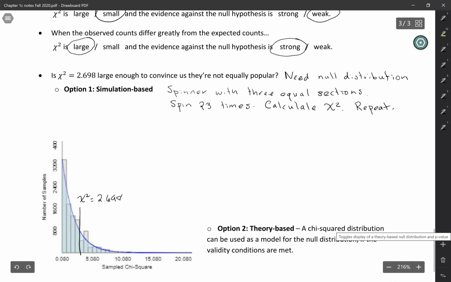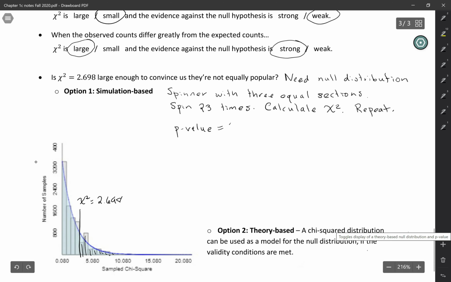So we found our chi-squared statistic, 2.698, and we counted all the values that were to the right, and we ended up getting a p-value of 0.2764.